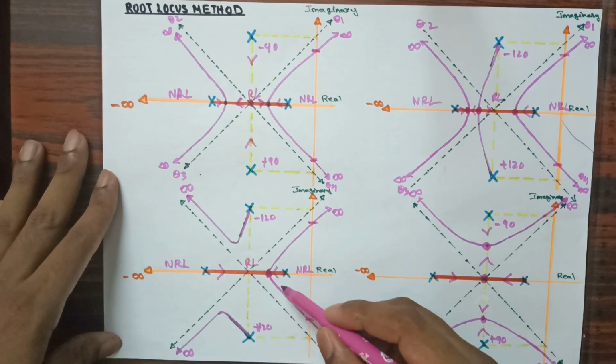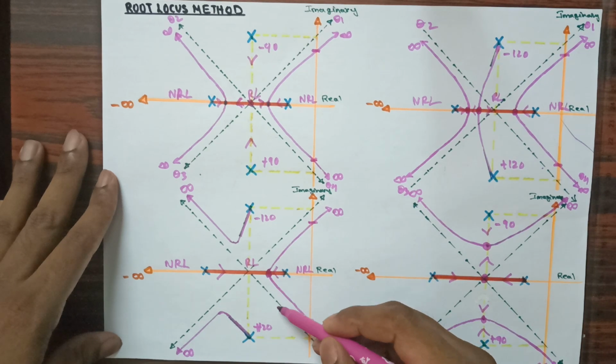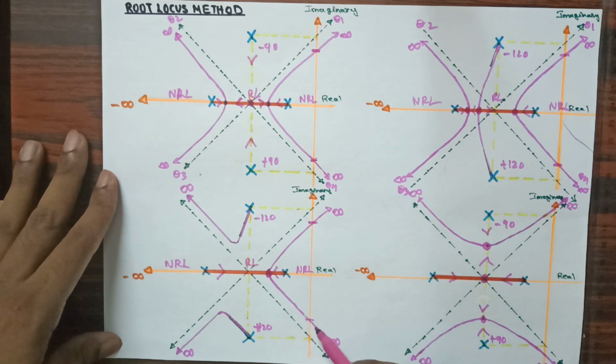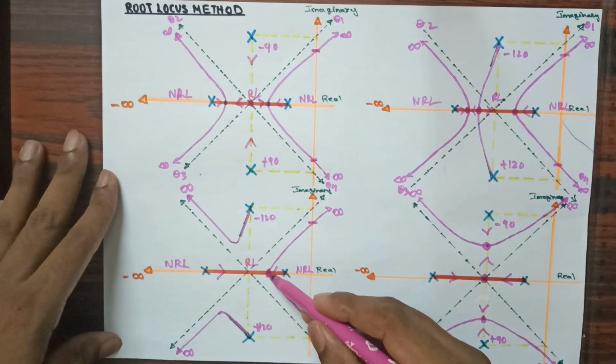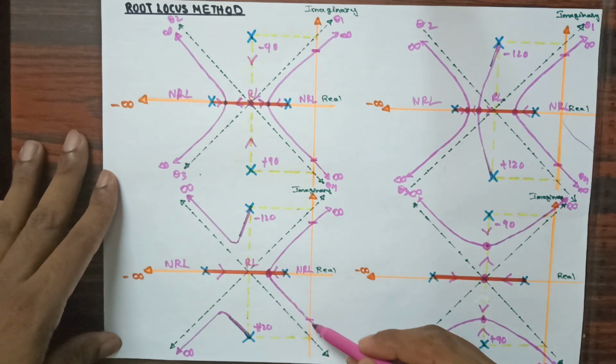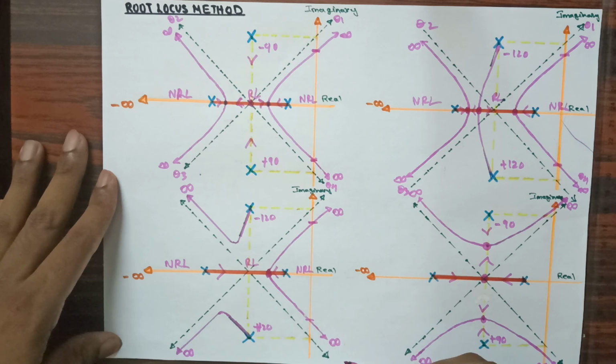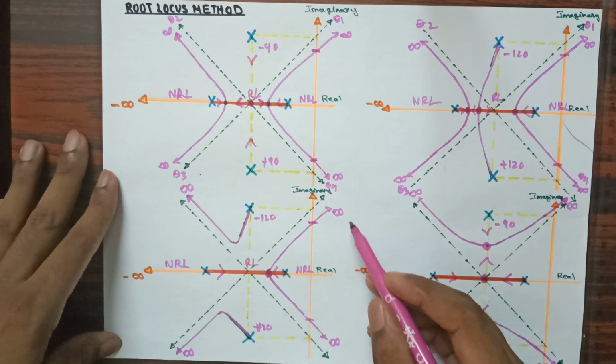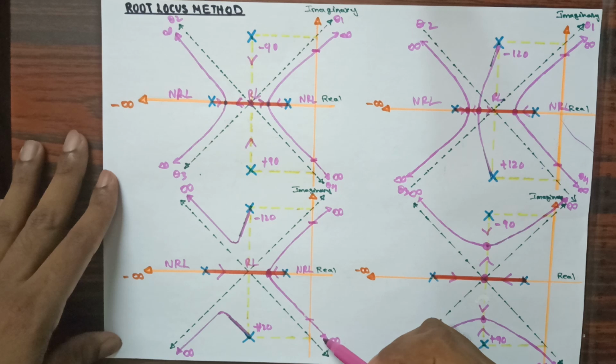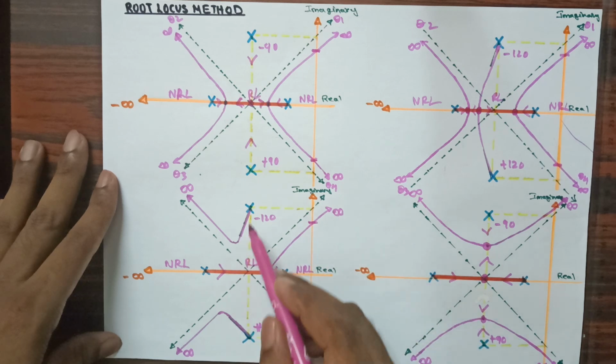The same way here also, this pole observes this angle and this intersection point and then moves towards an infinite destination. In this you can see the locus is symmetrical, and here also the locus is symmetrical.